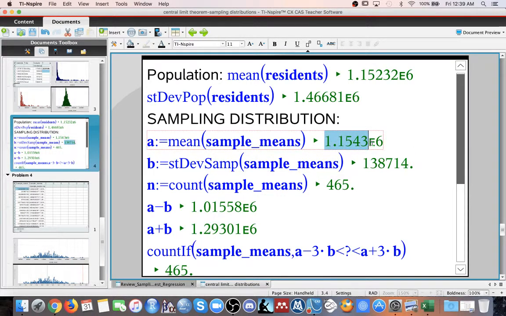So we want the mean to be really, really close, if not identical, to the mean of the population we're trying to target, which happened. And we want the standard deviation of our sampling distribution to be really small, which tells us that we can feel more like we get a reliable read on the population, that our prediction about the population is going to be reliable. You'll see here I had put in 465 random samples of size 100 from the list of 1,000.